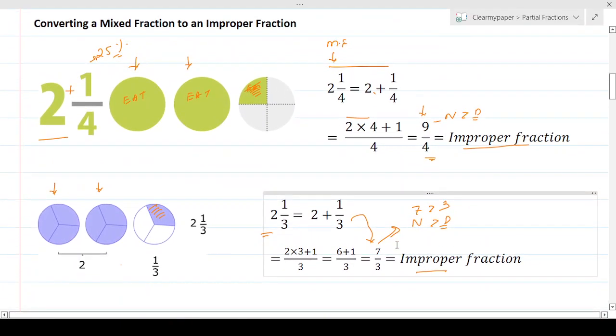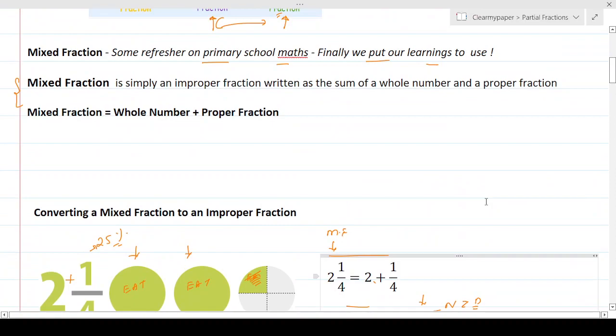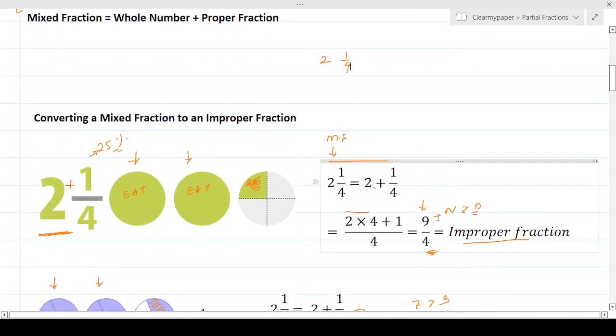So what do we see here? Once we convert a given mixed fraction into an improper fraction, what do we notice? There is a relation between them. Let's say 2 1/4 is a mixed fraction, and then we have 9 by 4 over here.